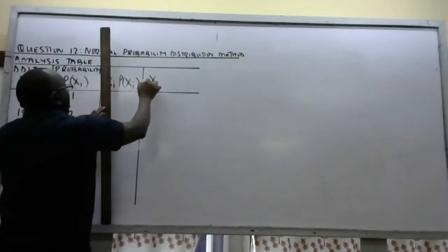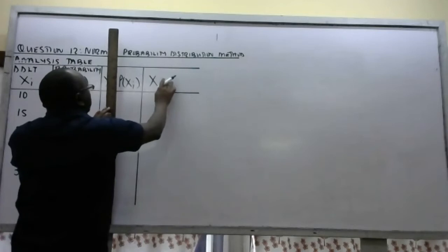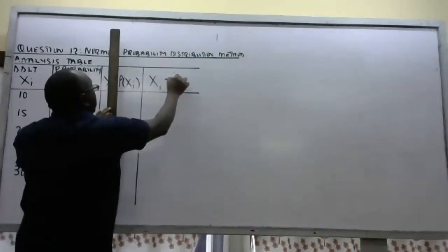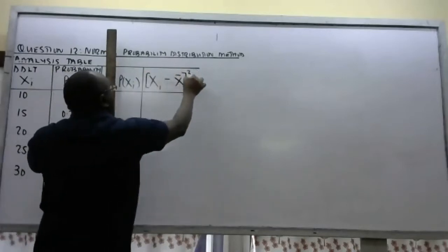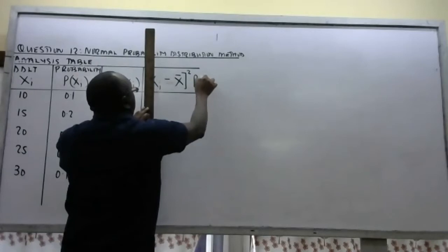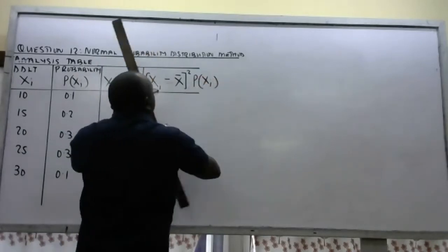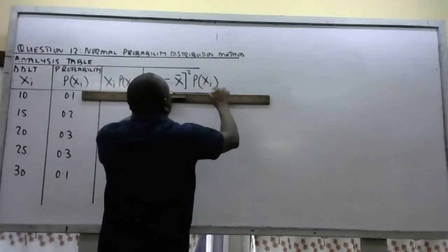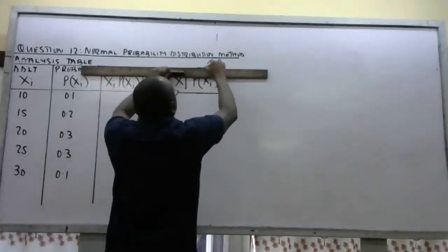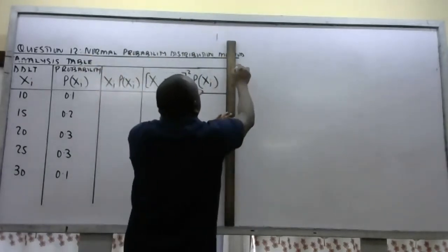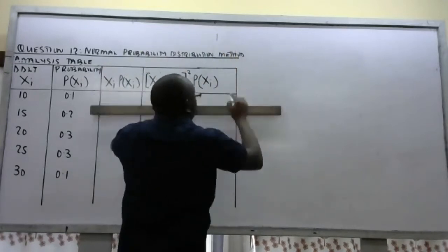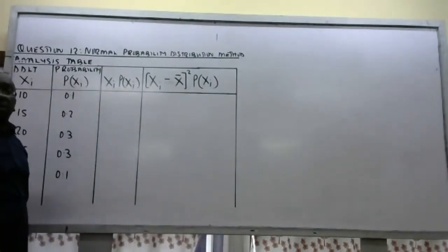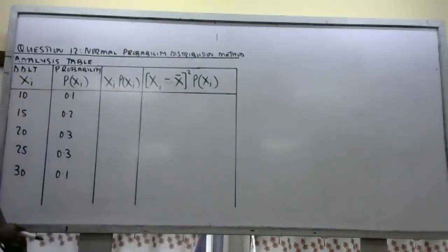We will require XI minus X bar, you square this, you multiply by probability of XI. Those are the columns that we will require when we are dealing with the normal.